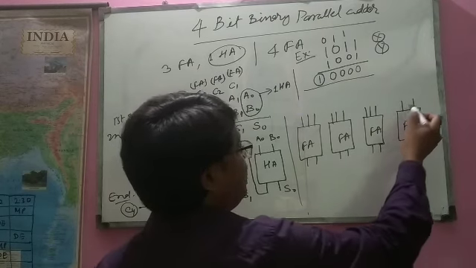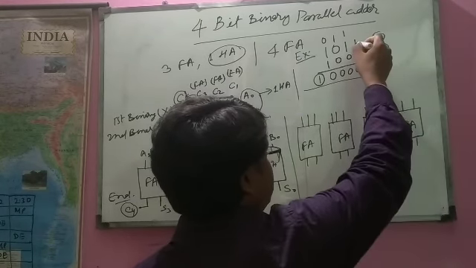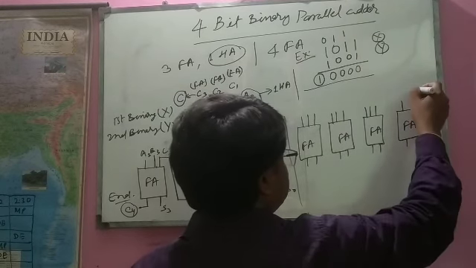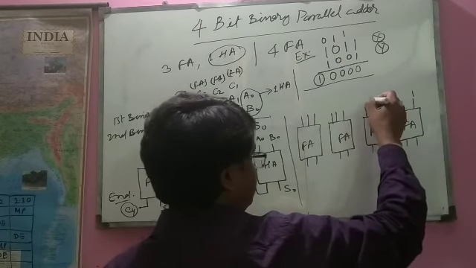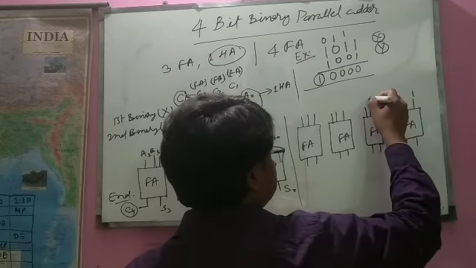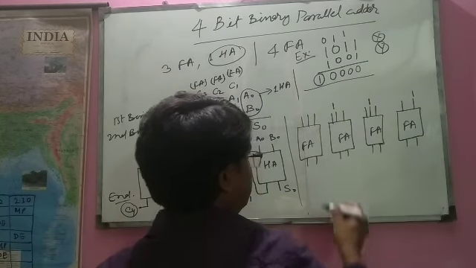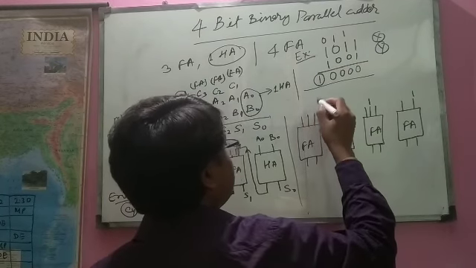So we will write from here. Okay, this is A0, this is A1, this is A2, this is A3.